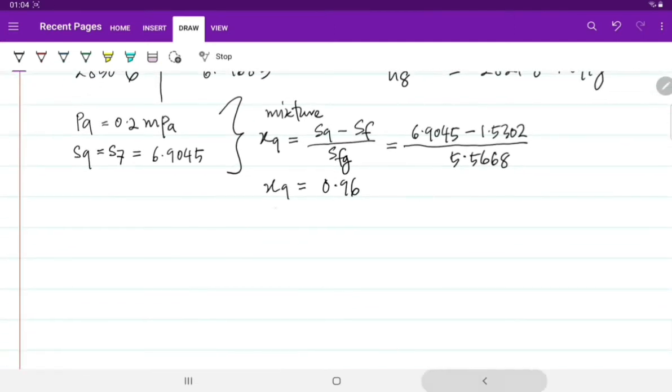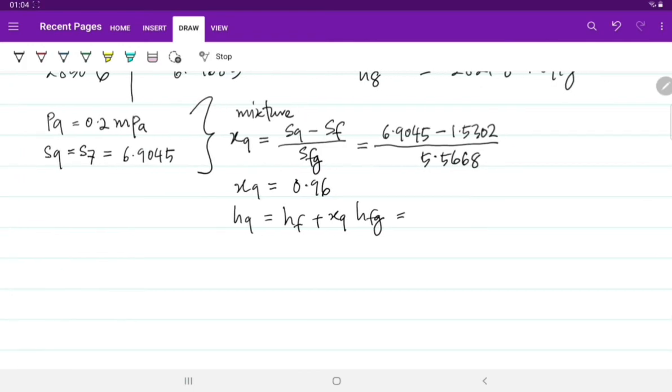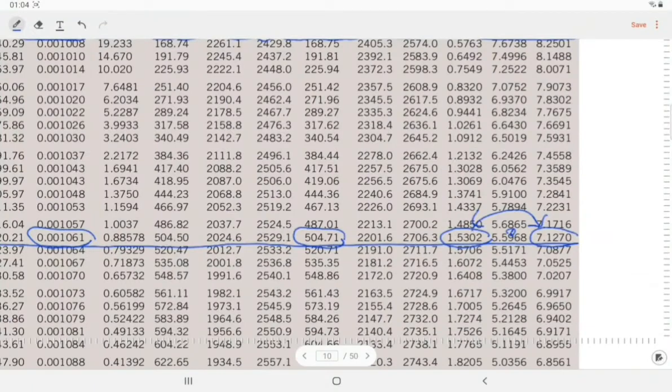Okay, once you got X, you can find H. H9 equals HF plus X9 HFG. HF you can get it here, 504.71.